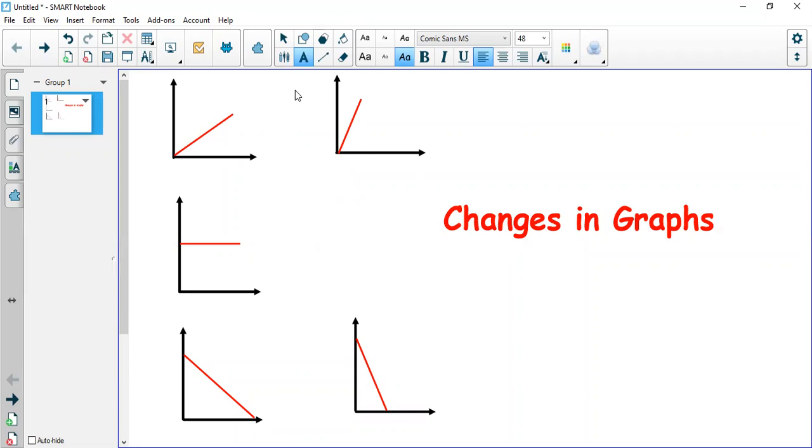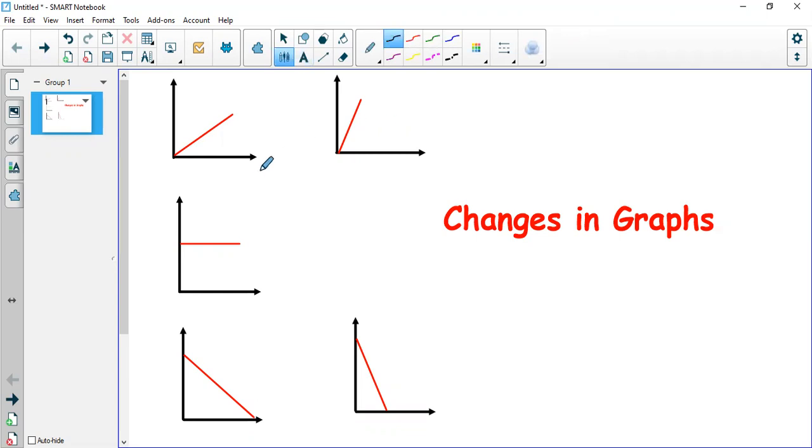Now it really depends on what the graph is talking about. If the graph is talking about speed, a line going up means the speed is increasing. If the graph is talking about growth, that means there is increased growth. So this is how you depict graphs. Wherever there is a line going up, it indicates that there is an increase of something.